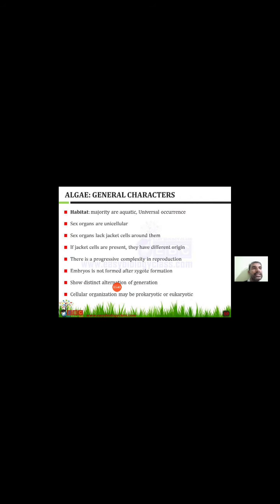The next slide is habit. The majority of algae grow in water or moisture conditions. Most algal members grow in aquatic conditions, and some rare algae grow in terrestrial conditions. Aquatic algae grow in freshwater and also marine water, and some algae grow in particular terrestrial habitats.